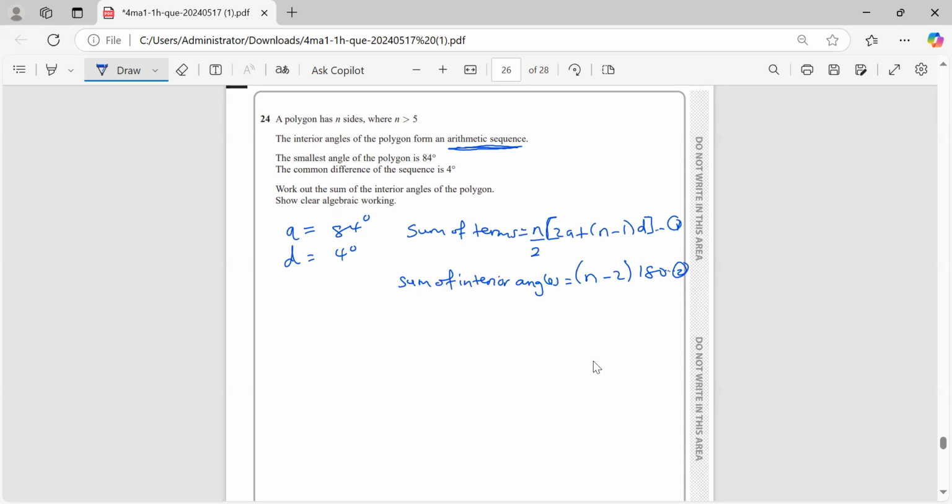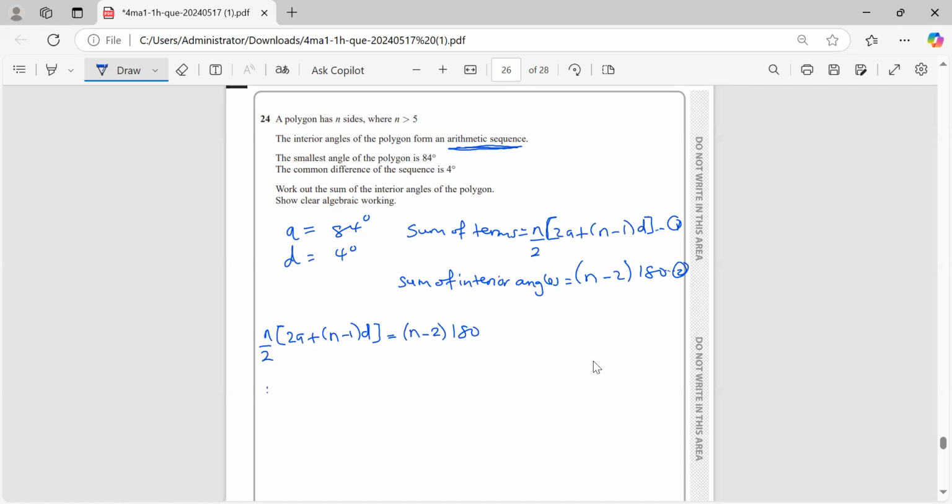So I'm going to substitute the value of a and d in the first equation, right? I'll first just write the two equations when I'm equating them. So I'm saying this n over 2 multiplied by 2a plus n minus 1 and the common difference, right? I'm equating it to n minus 2 multiplied by 180.